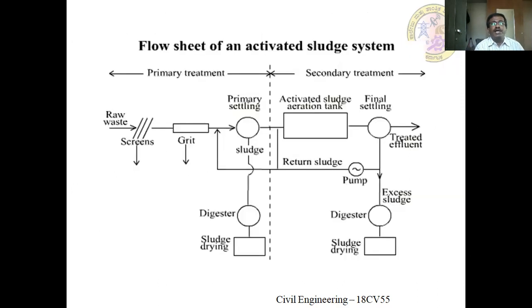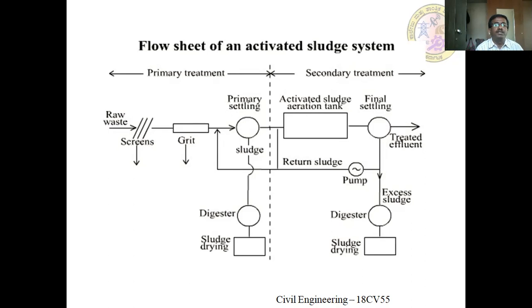The flow sheet of an activated sludge system is as follows. In the primary treatment, raw sewage is treated by screens, which remove floating material and debris present in it. In the grit chamber, we remove grit by reducing the velocity of flow, and the grit present in the wastewater settles due to gravitational force.